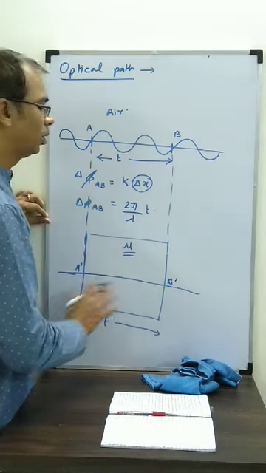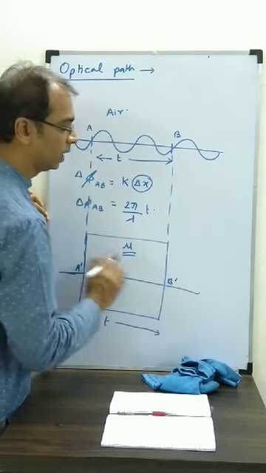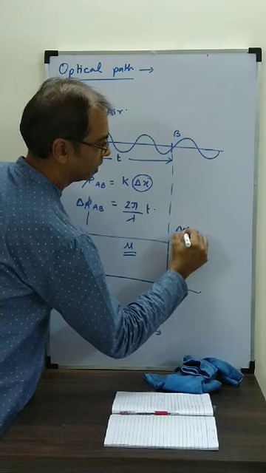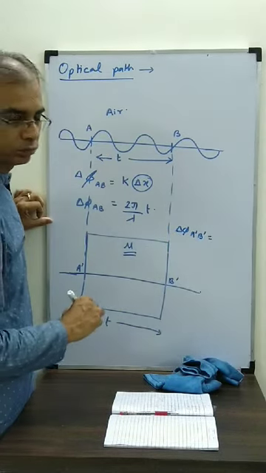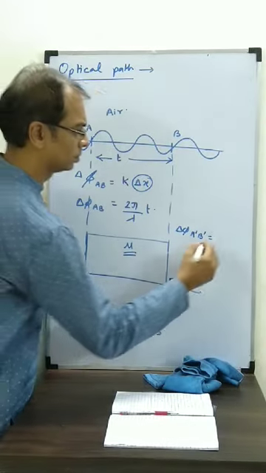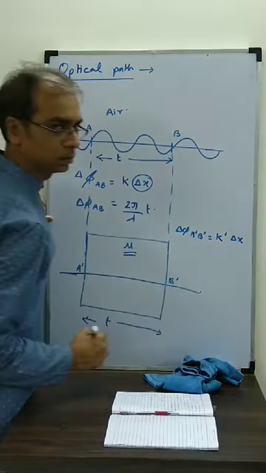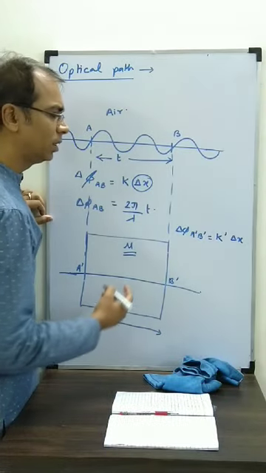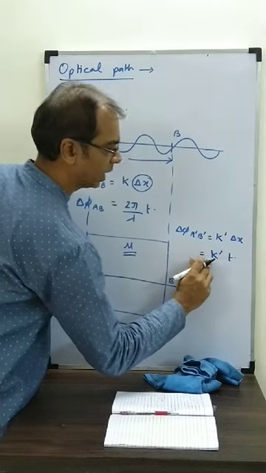Again, the same thing: I want the phase difference between A dash and B dash, delta phi A dash B dash. How to write? Again the same, k dash delta x. What is delta x? Same t. So k dash into t.